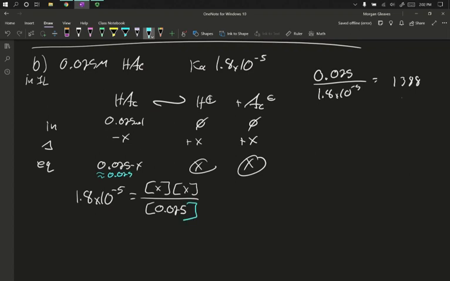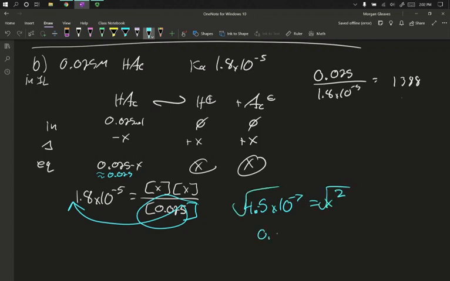Multiply and rearrange. So we'll multiply 0.025 up. 4.5 times 10 to the minus 7 must equal X squared. Take the square root. 0.000671 is equal to X, which compared to 0.025 is pretty small.